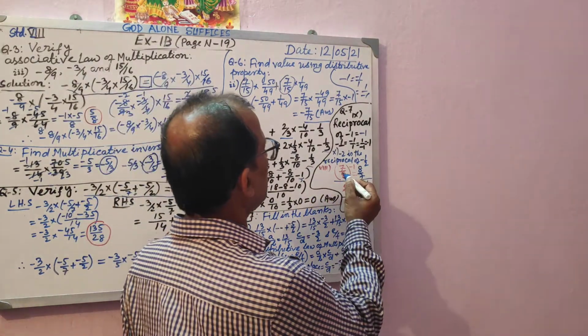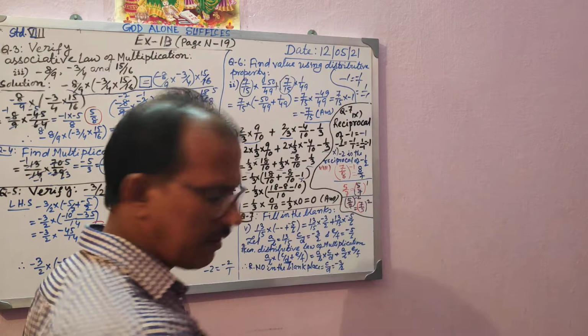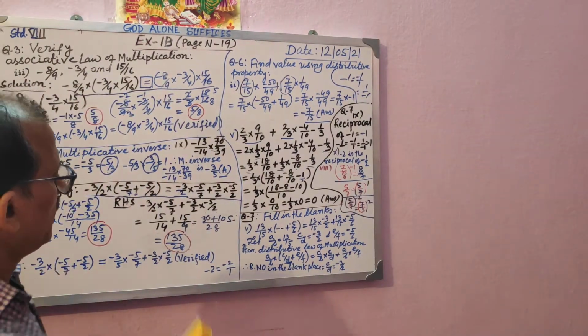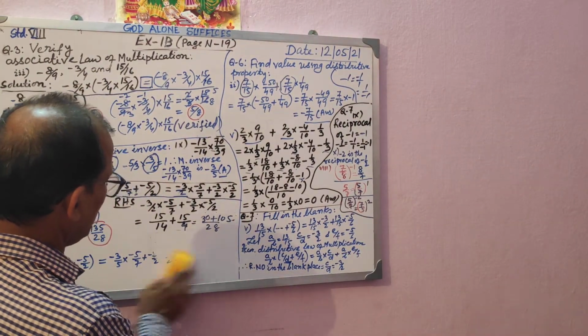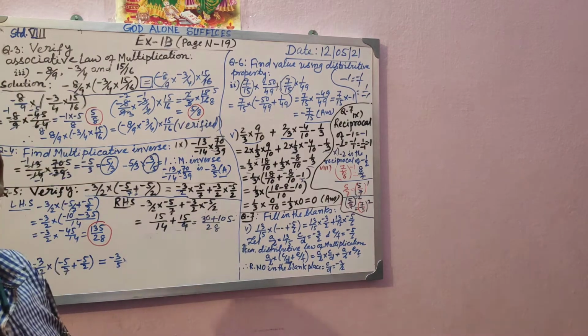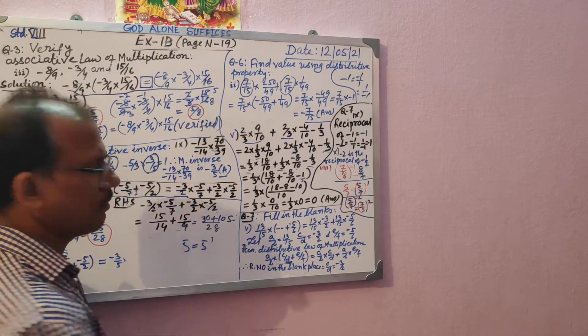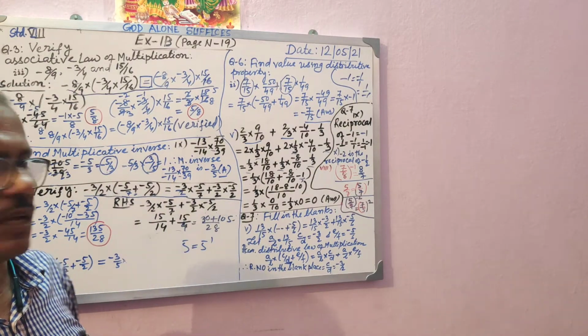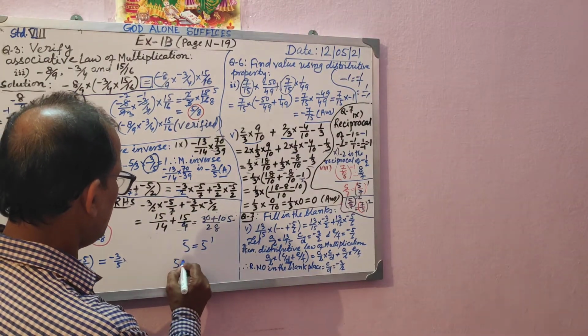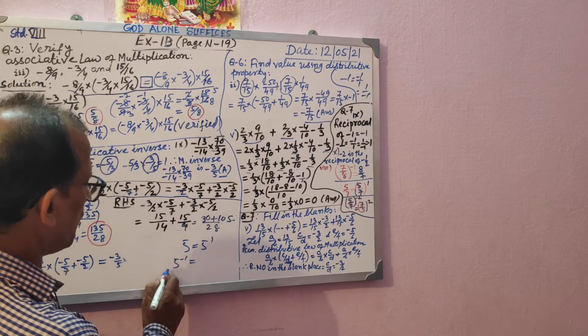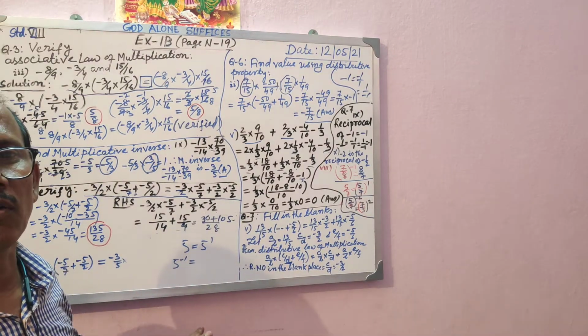Now I will talk to you about power. See, 7 by 8 to the power minus 1. I have said in my previous standard about the indices. Remember power: any number has power 1. But if the number has power minus 1, that means the base will be the reciprocal and the power will be positive.